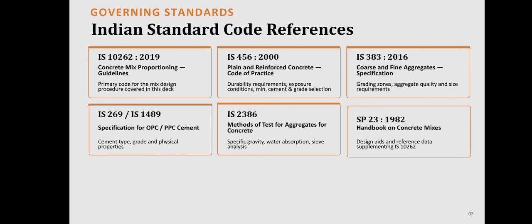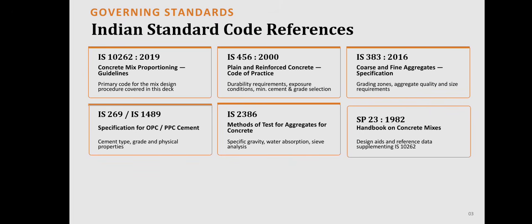These are the code references we are following for concrete mix design. IS 10262-2019 gives the concrete mix proportioning guidelines. IS 456-2000 is a code of practice book for plain and reinforced concrete. IS 383-2016 gives the specification for the coarse and fine aggregates used in concrete.